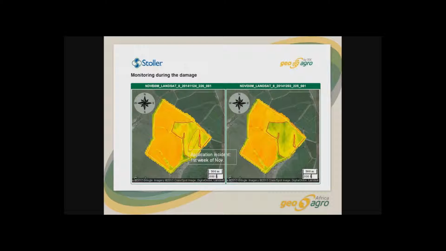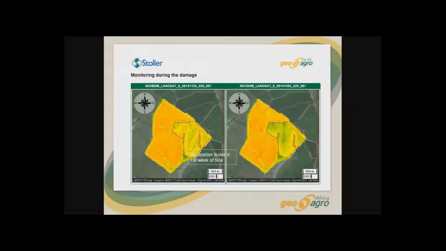In this case, Stoller is a multinational company that sells high-value fertilizer, and they also sell stress mitigation products. So they were providing the service to this farmer who detected this stress, and there was an opportunity to mitigate that damage.